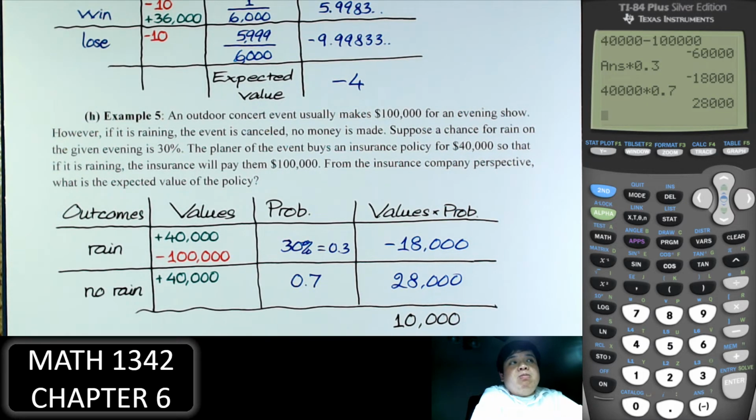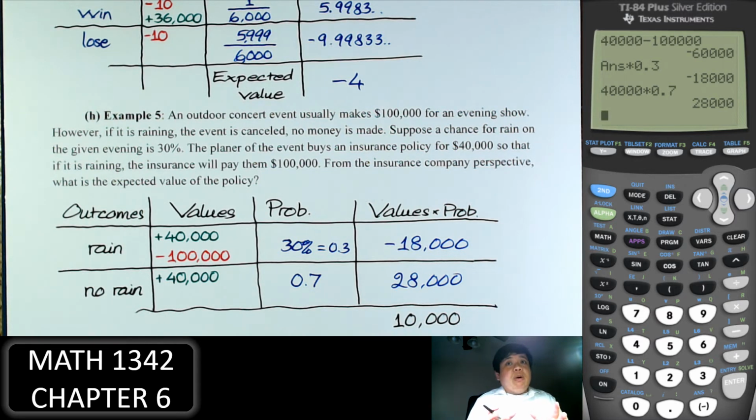This is a strange thing, because the company usually doesn't sell a lot of this insurance, since they don't have a lot of events like this. So we must be careful when we only have a few trials. If they have 10 events on the same day and it rains, the company will have trouble.